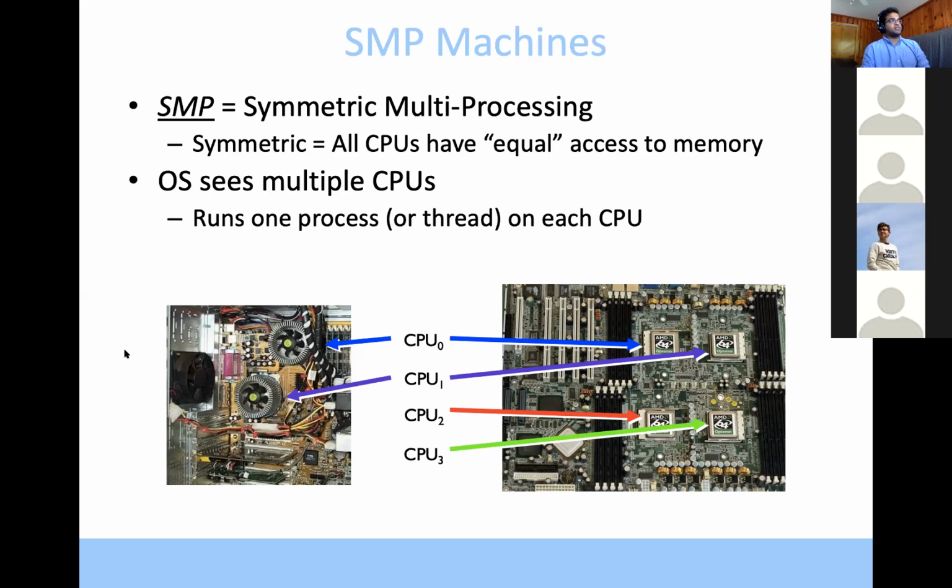This is typically called symmetric multiprocessing, symmetric because all CPUs have equal access to memory. You see there are these 4 memory channels here, and all 4 CPUs essentially have equal access, typically through another controller here, this metal thing.